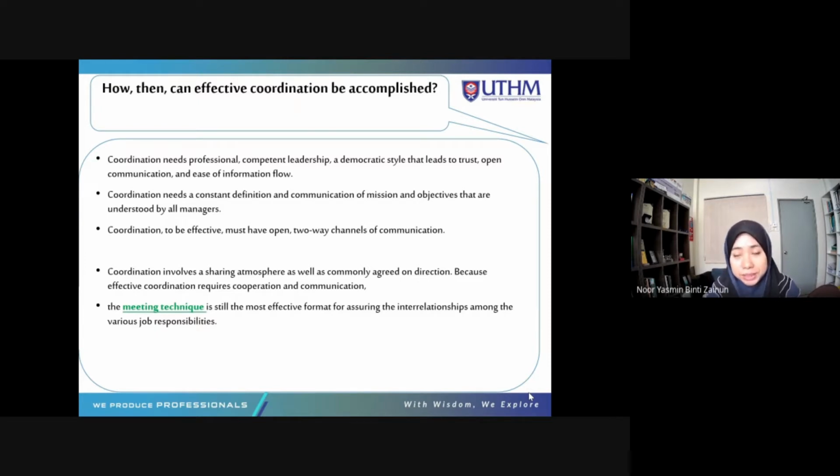Okay, contoh macam for example communication. Okay, instead of we have meetings, deliver hard copy semua, we have phones to give directions that can be read and can be understood by the staff, instead of oral communication.